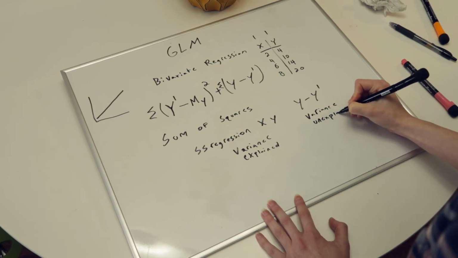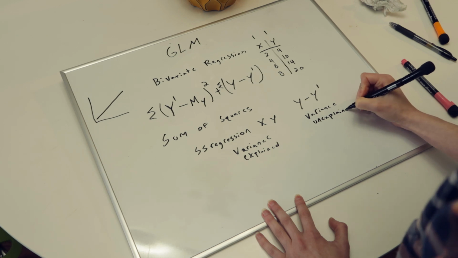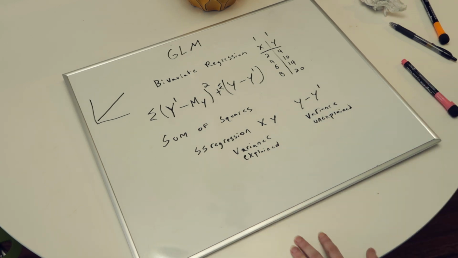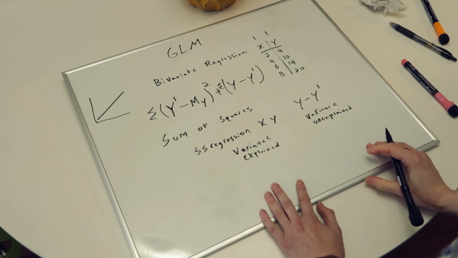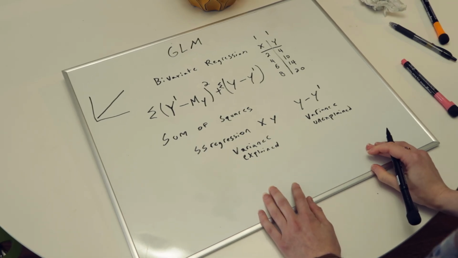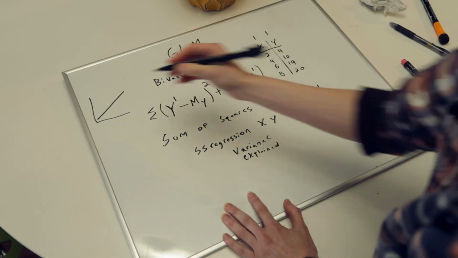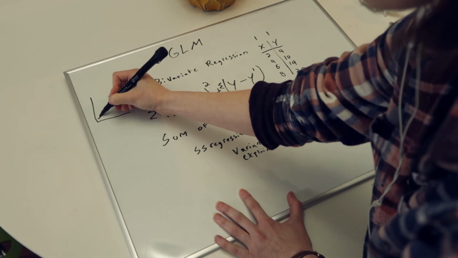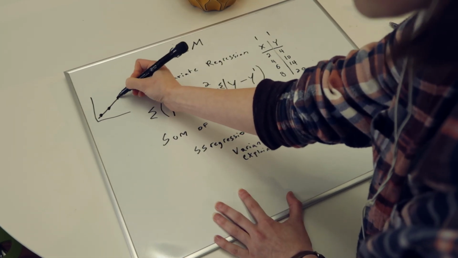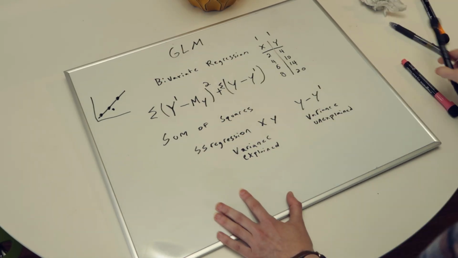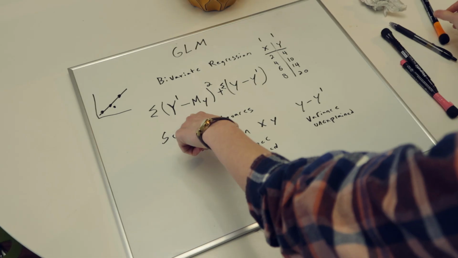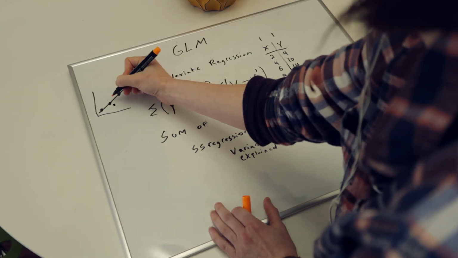So no sample is ever going to perfectly match the population. It's never going to perfectly predict. You're not going to have perfect dots like this on a line. They're always going to be slightly off. So this is looking at the regression.